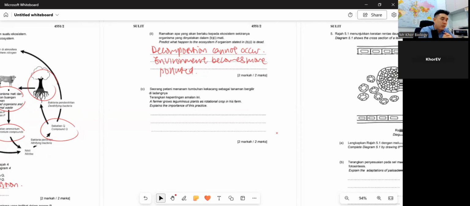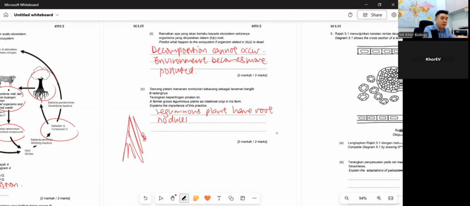C. A farmer grows leguminous plant. Explain the importance. Now, as we all learned in nitrogen cycle, leguminous plants are bean-based plants that have beans. They have root nodules. So let's say this is the root, right?